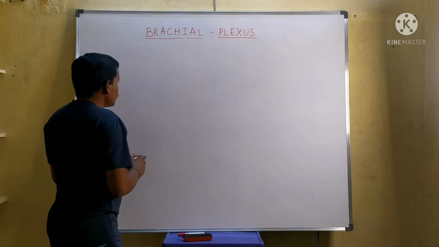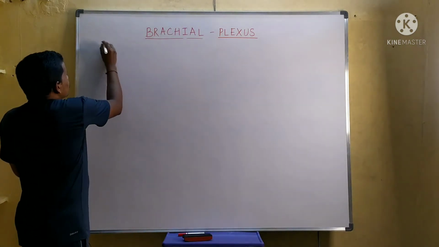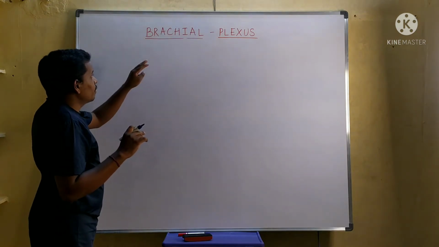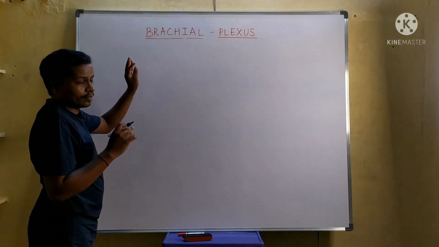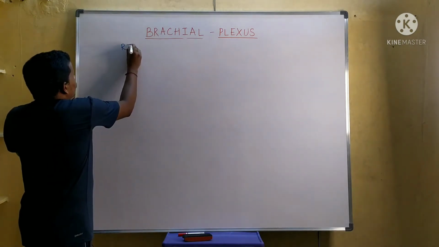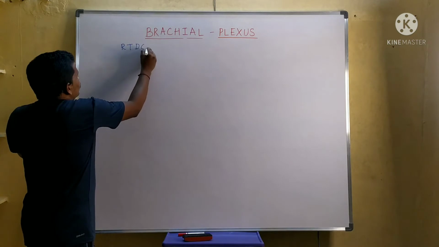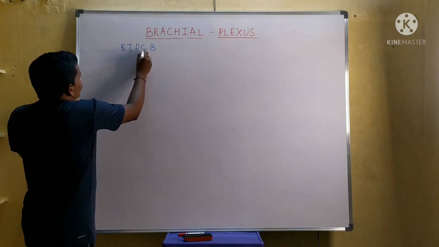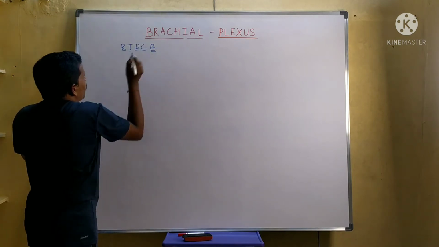Remember this mnemonic, guys: RTDCB. R indicates roots, T indicates trunks, D indicates divisions, C the cords and B the branches.